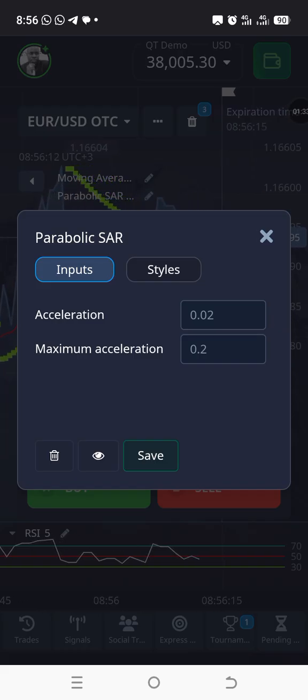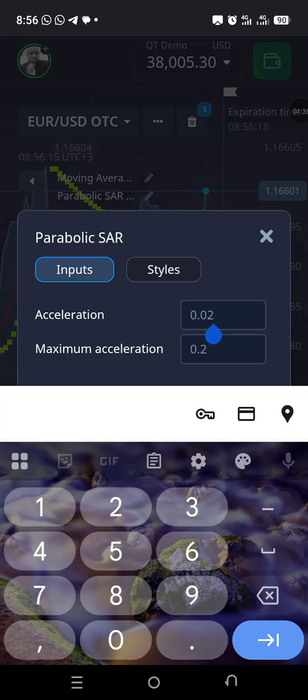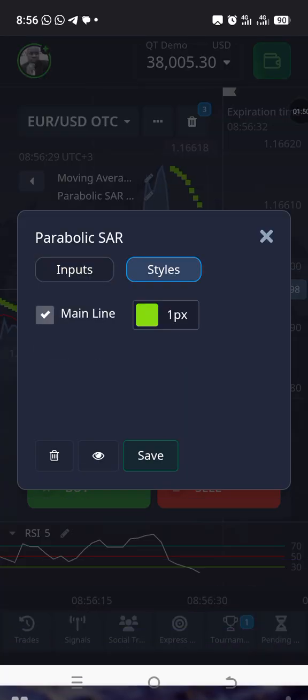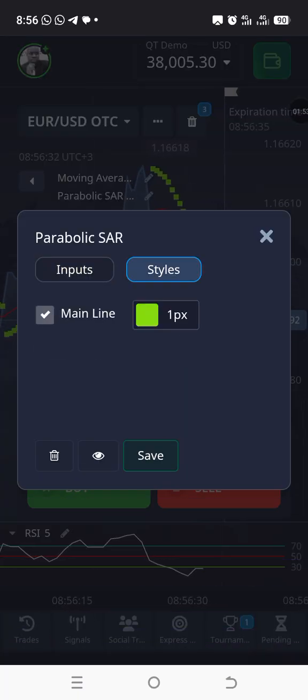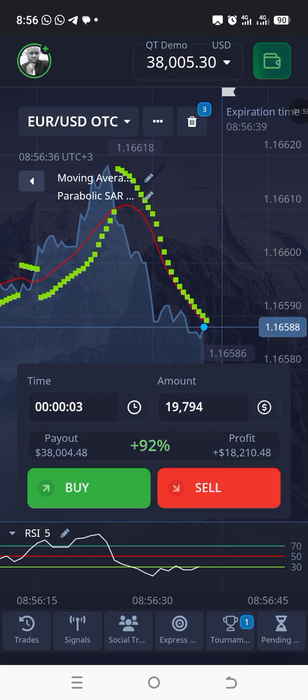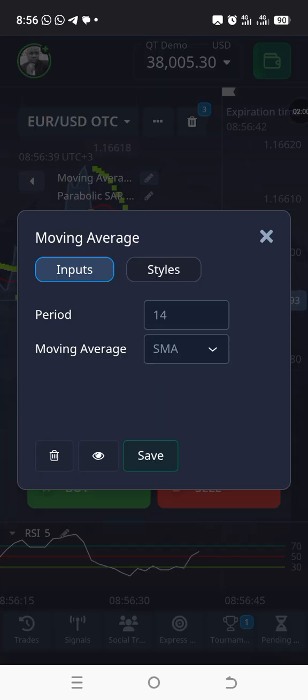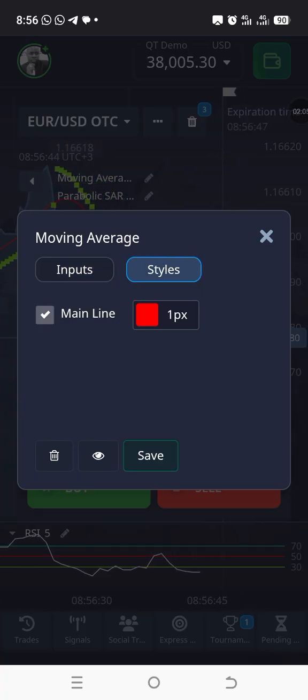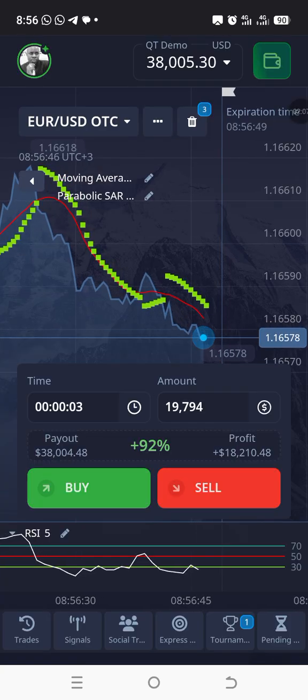Input, you put it 0.03. Maximum acceleration 0.3. Styles, let it be like that. You save. Then you have the moving average. Let it be as it is. Then styles, use the red, you save.